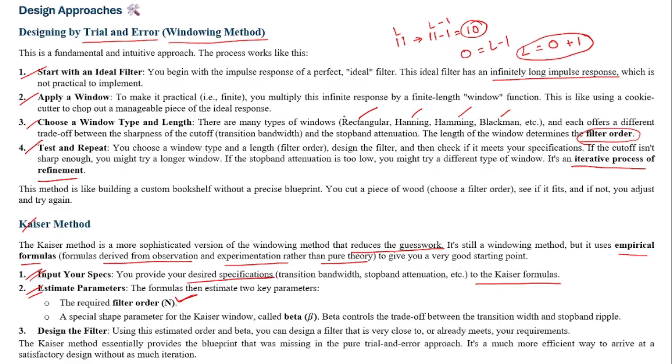In the previous case we had to vary the order or the length of the filter; in the second case, after we put in the values of the filter specifications, we get an estimate of the filter order. Then a special shape parameter for the Kaiser window, called beta, is also calculated using the Kaiser formulas.